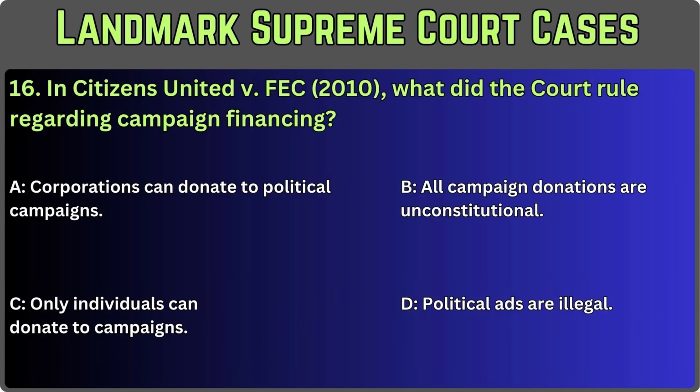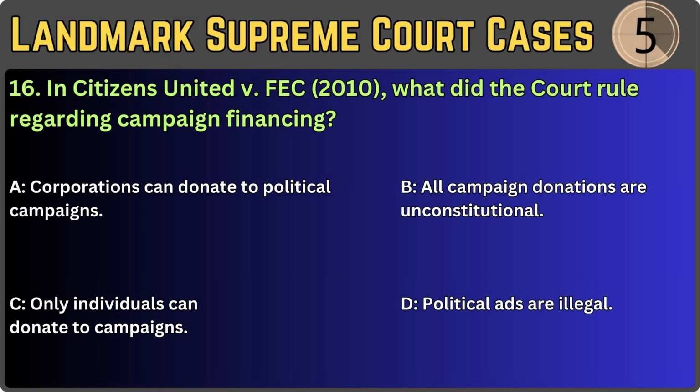In Citizens United v. FEC, 2010, what did the court rule regarding campaign financing? A. Corporations can donate to political campaigns. B. All campaign donations are unconstitutional. C. Only individuals can donate to campaigns. D. Political ads are illegal.